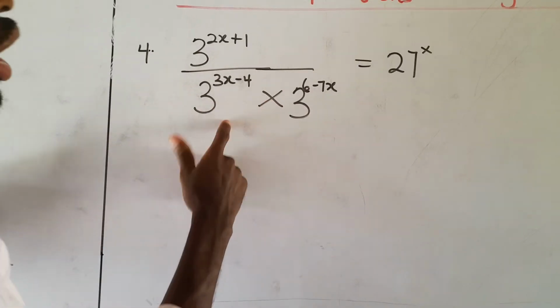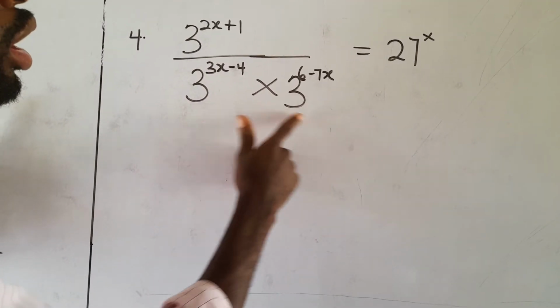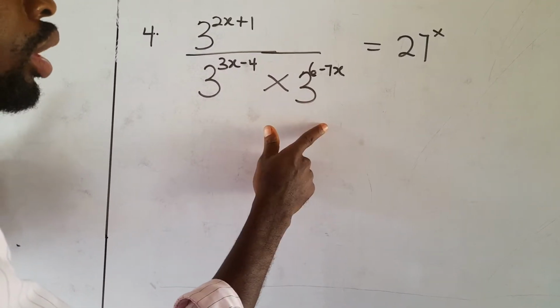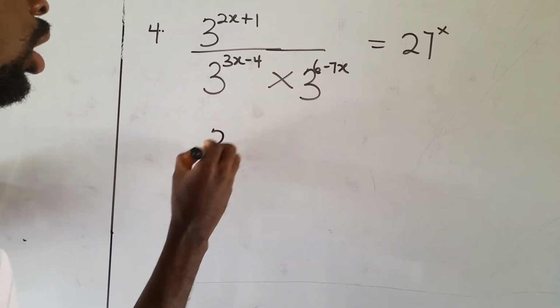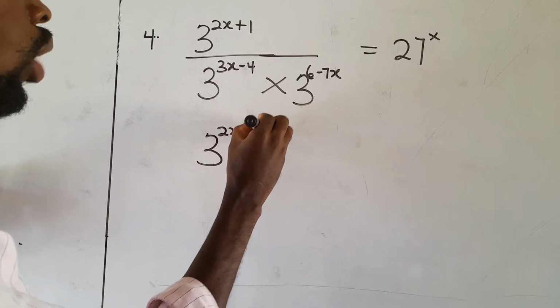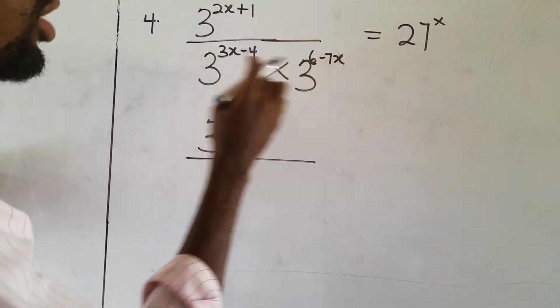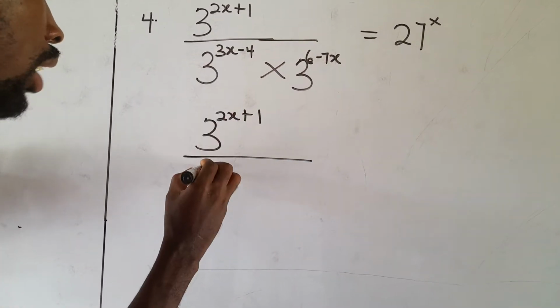So remember, we learned that when two indices are multiplying with the same base, we add the exponents. So we can say this is 3 exponent 2x plus 1 all over. Since they are multiplying, we add the exponents. We repeat just one base.